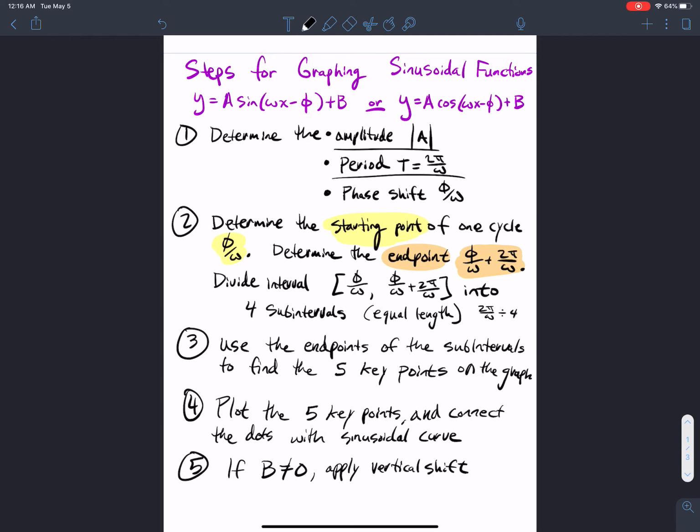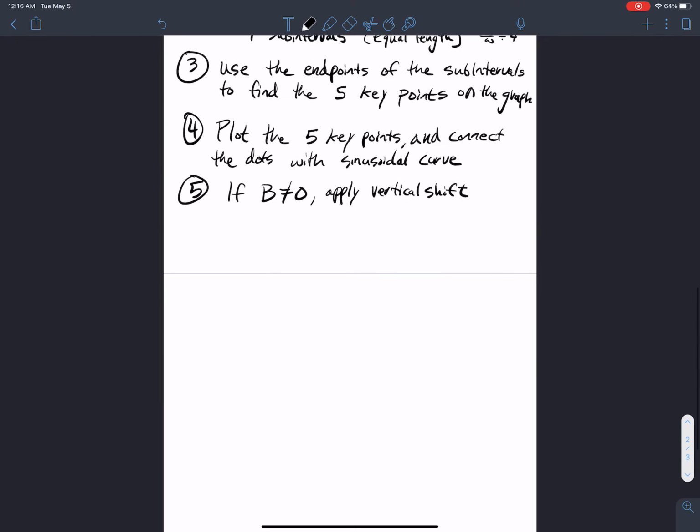So let's work an actual problem here. Let's take an example.